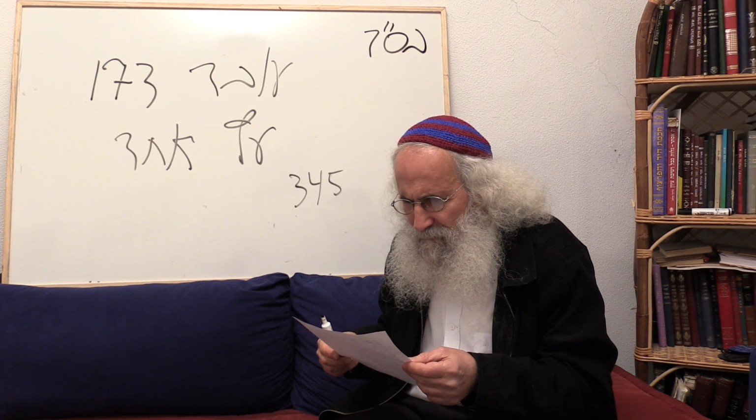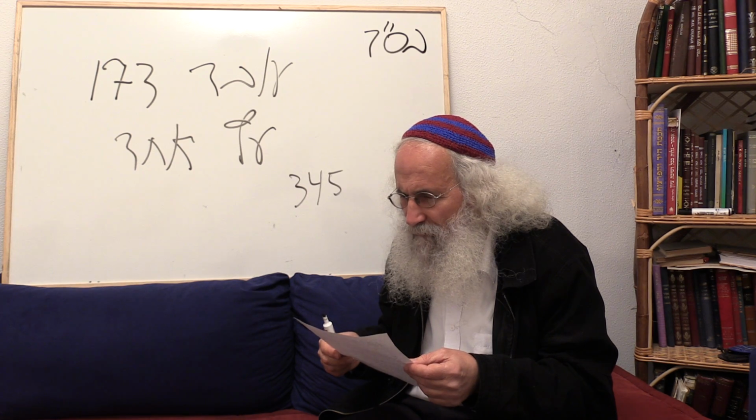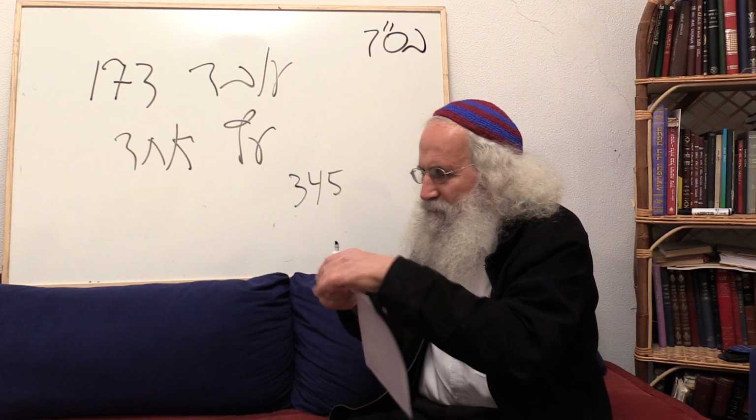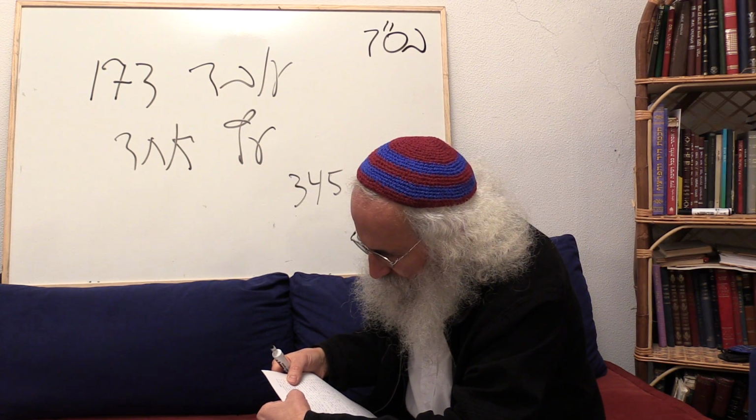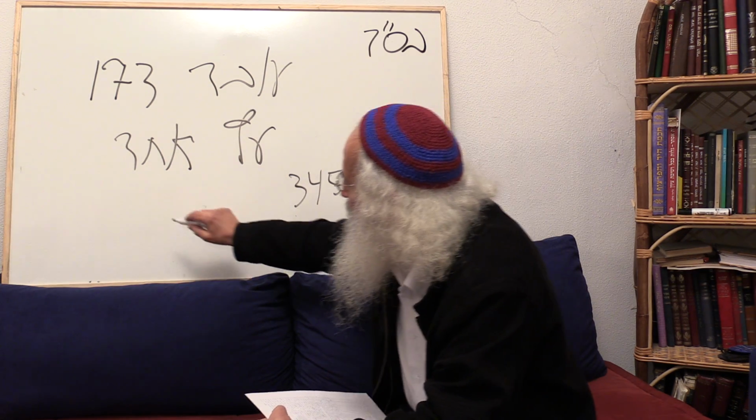After that we have Yishai. Yishai will be 2 triangles of 12.